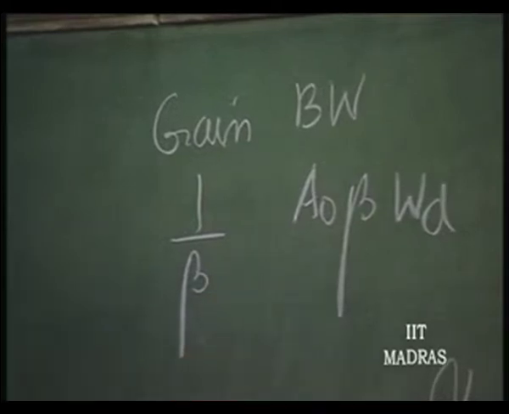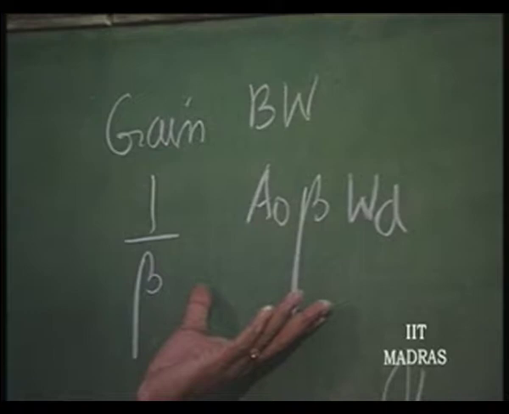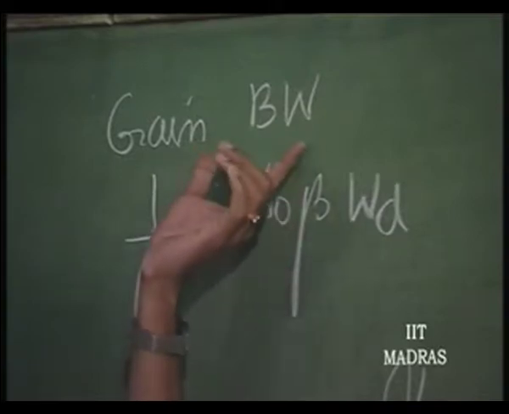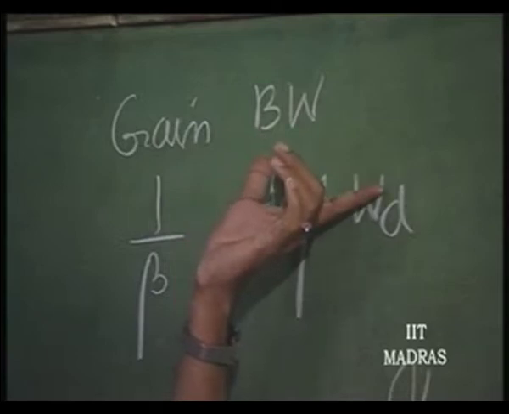So, what it says is bandwidth of a feedback amplifier like this, negative feedback amplifier, improves because of negative feedback. By how much? By loop gain, A naught into beta. A naught into beta is the loop gain.